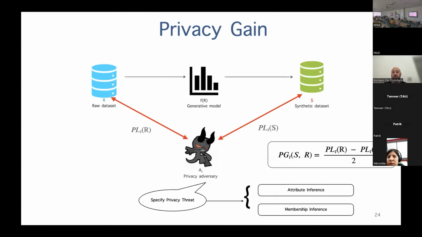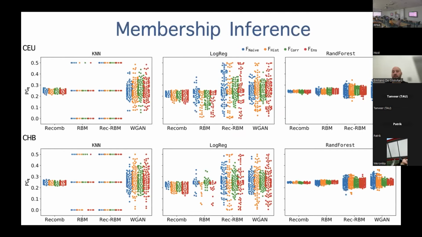They actually use two different attacks, not just membership inference, but also attribute inference. I'm going to skip that in the interest of time. Again, these plots are a bit hard to read, but here you can see the privacy gain, like I said, on the y-axis, between 0 and 0.5.